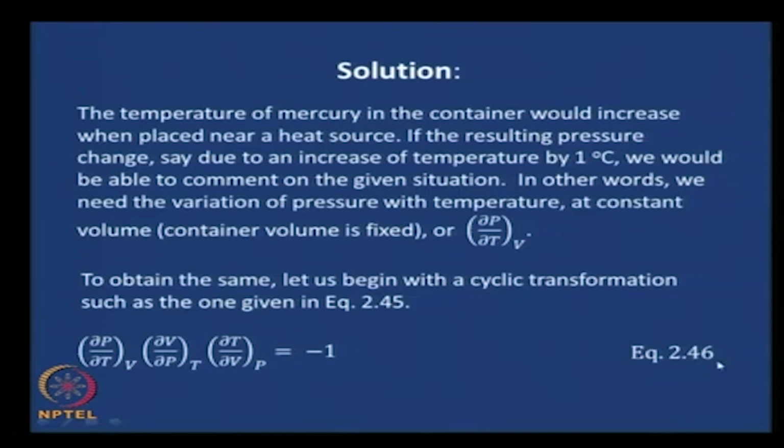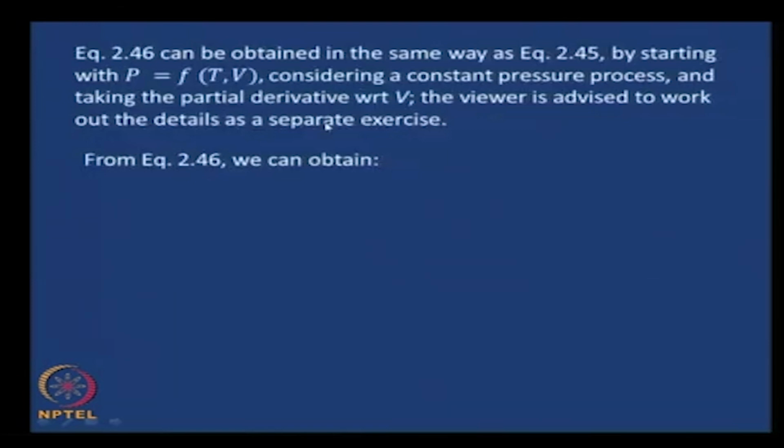Okay, we will call this equation 246, but I do not want you to take this on face value as I give you here. I am going to give you some extra time to go on the side of this problem.